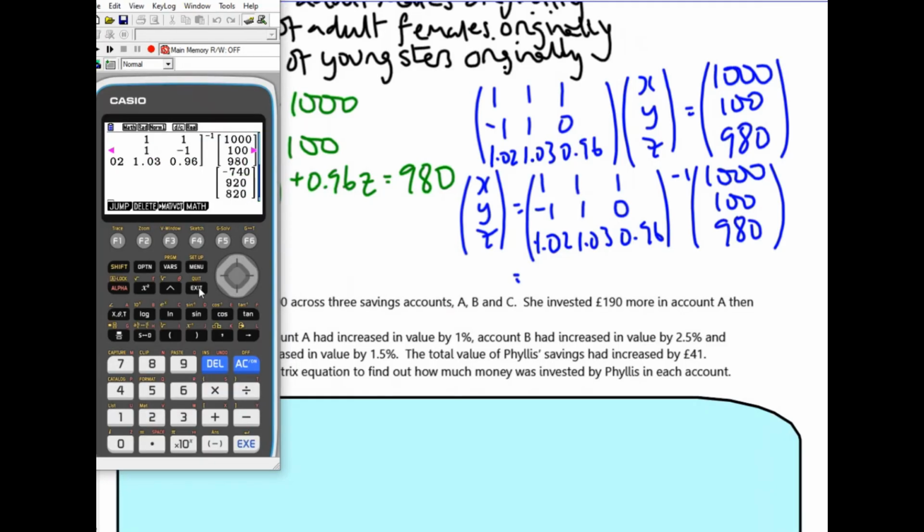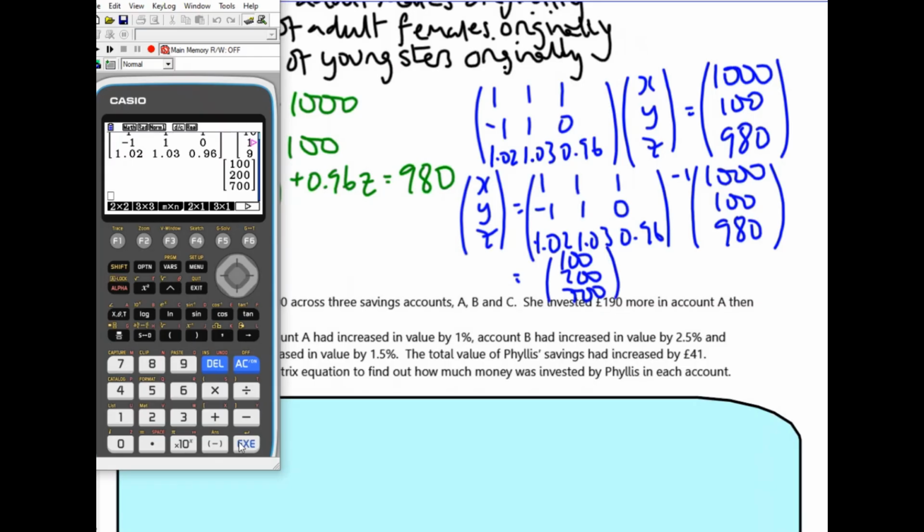So math, vector, make a new 3 by 3, enter the matrix, then to the power minus 1 for the inverse, and times by a 3 by 1 matrix of 1,000, 100, 980. So we get, looking like a good answer, nice numbers.